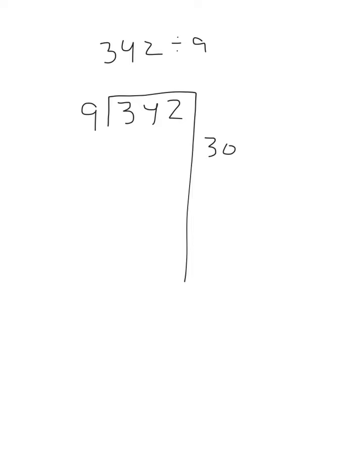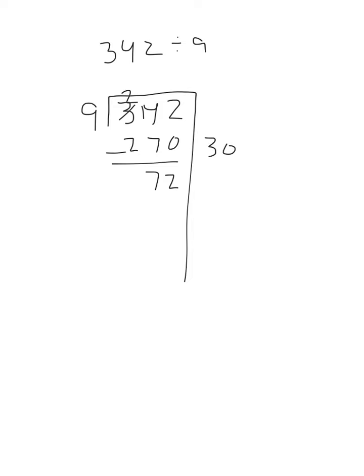Because I know that 9 threes is 27, and 30 is 3 tens, so that'd be 270, because 9 thirties is 270. So now I say to myself, I've got 72 left. If you know 9 times 8 is 72, then you're going to write it down.